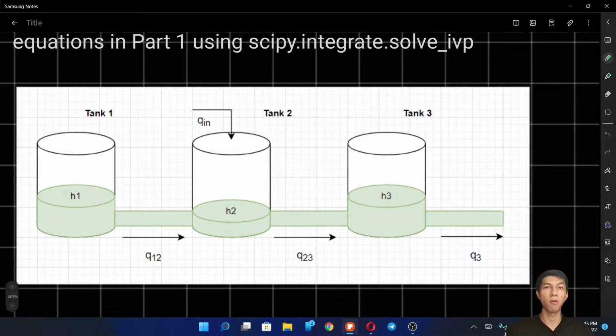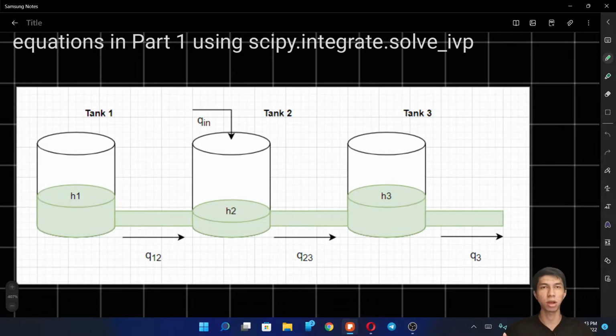The flow of our fluid is related to the height of our tanks. So if the height of tank 1 is greater than the height of tank 2, the fluid is going to be moving from tank 1 to tank 2. But if it's vice versa, we're going to experience the fluid in the opposite direction.